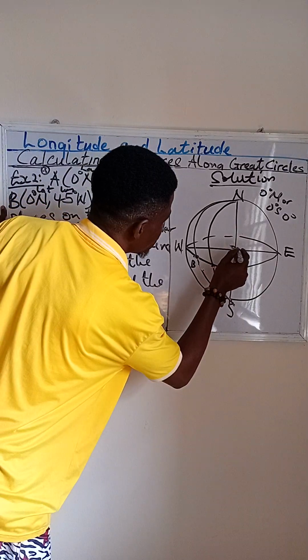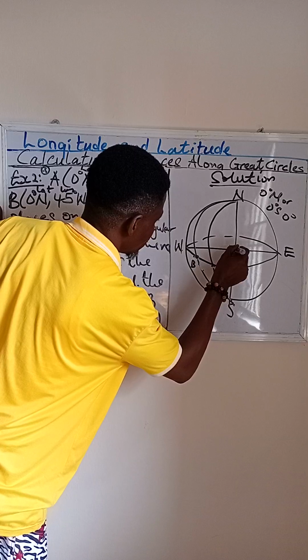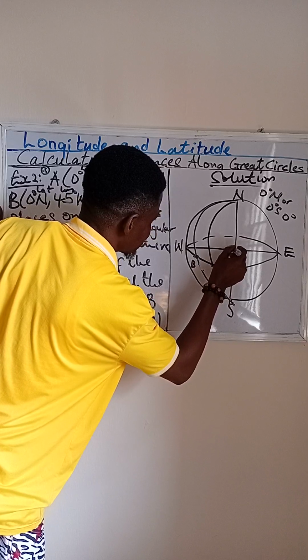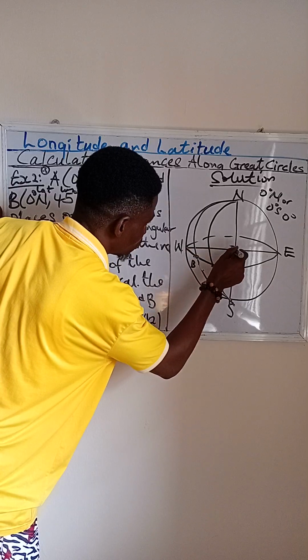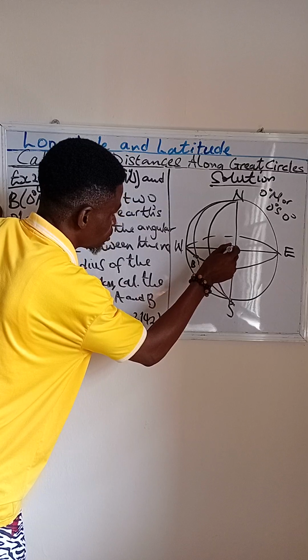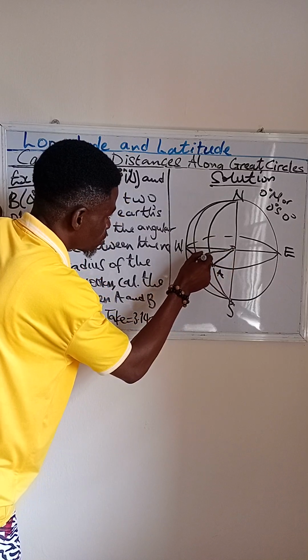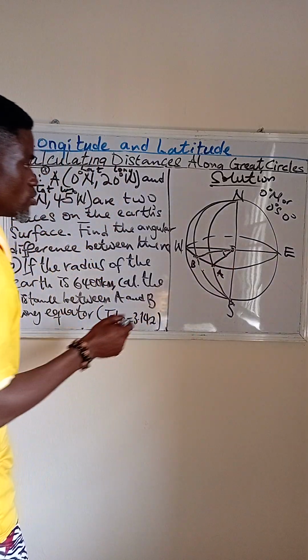Then from there, you are going to draw a radius. This is the center. So just draw a straight line to meet this point, and a straight line to meet this point. You draw this one like this, and the other one like this. So this is the angle.